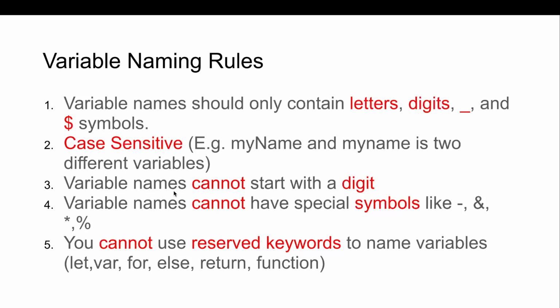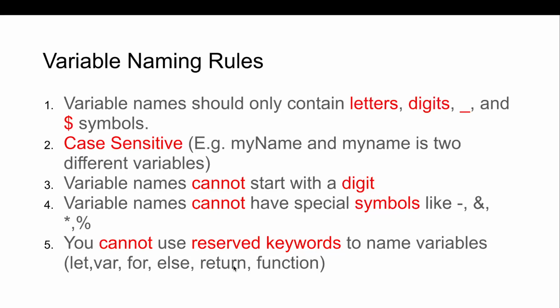And also you should remember that variables cannot start with a digit. Variable names cannot have special symbols like dash, asterisk, and percentage symbol. And plus you cannot use reserved keywords. Like just now, this let and var are for variables, right? You cannot use all these reserved keywords.